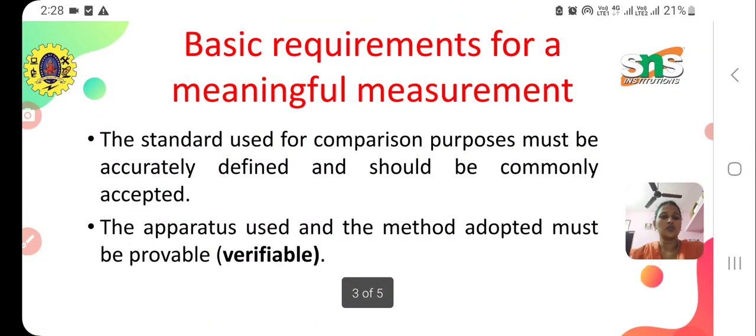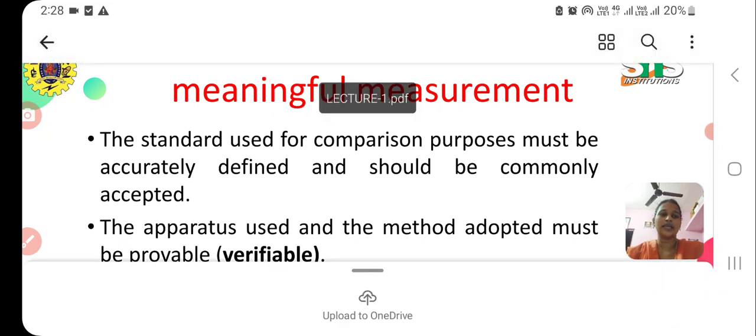Let's see what the basic requirements are for a meaningful measurement. The first thing we need is a standard to measure any unknown quantity. Standards are used for comparison purposes, and must be accurately defined and commonly accepted.